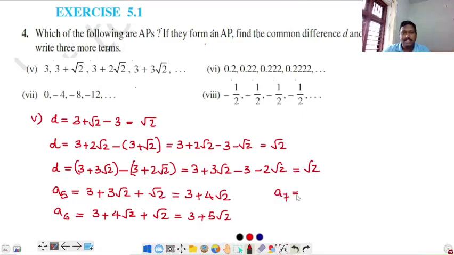So a7 is equal to 3 plus 5 root 2, that is a6 plus root 2. With this again you have to add root 2. So you will get the answer as 3 plus 5 plus 1 is how much? 6 root 2. So a5, a6 and a7 are 3 plus 4 root 2, 3 plus 5 root 2 and 3 plus 6 root 2.